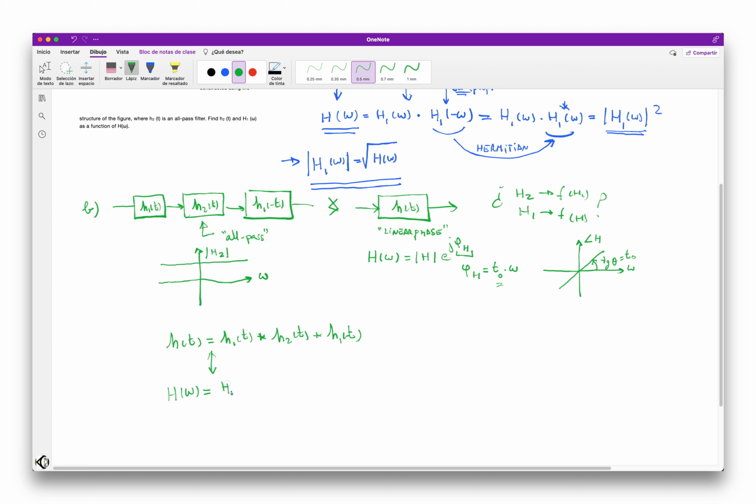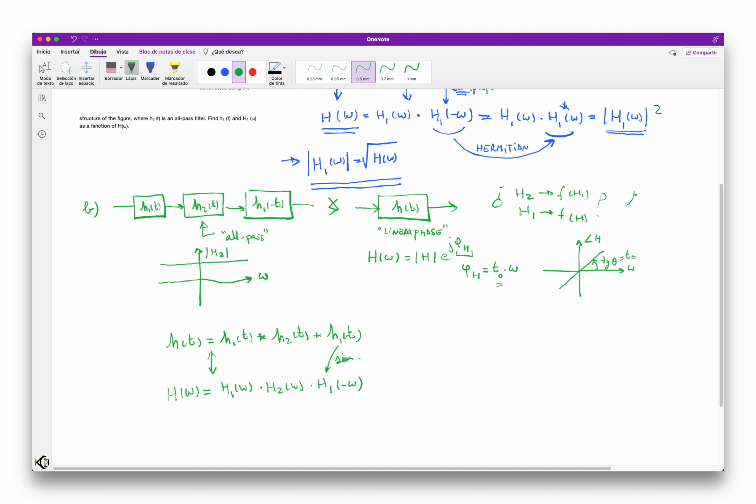It is the frequency response of the first system times the frequency response of the second system times the frequency response of the third system. We know from the symmetry property of the Fourier transform that this is h1 of minus omega. So far we haven't applied any of the conditions that we have.